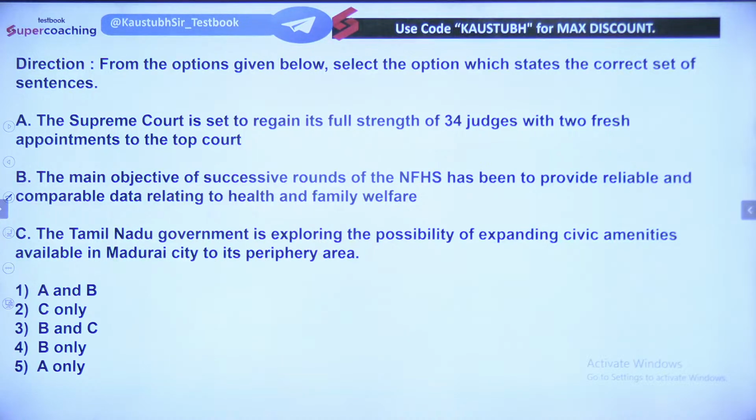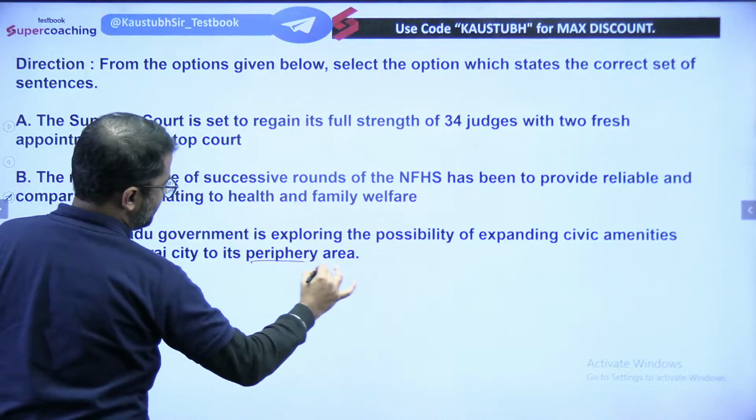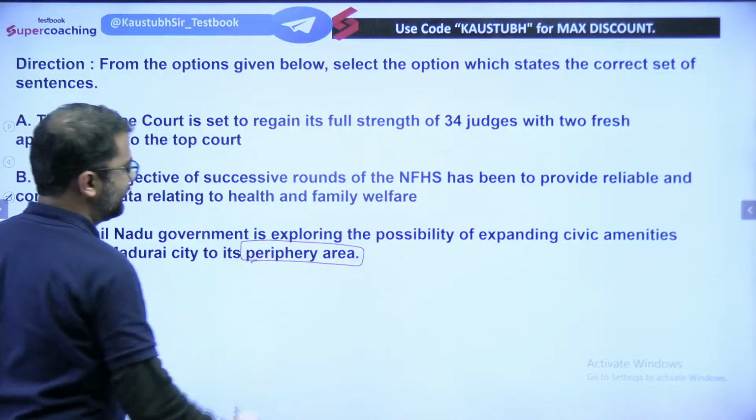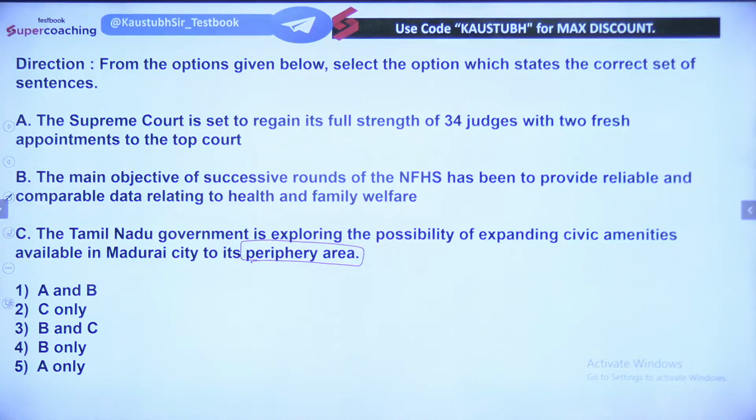Okay, B, only A and B. Huh. No, C definitely has an error. You know which part of C has an error? This part, periphery area, is wrong.